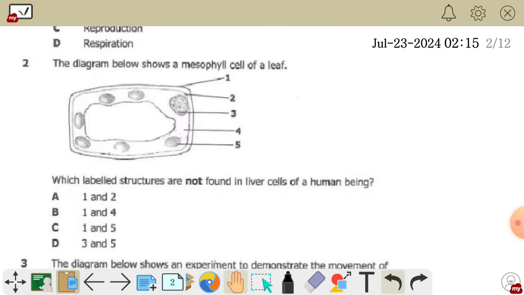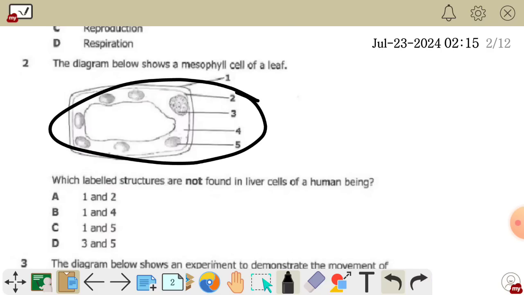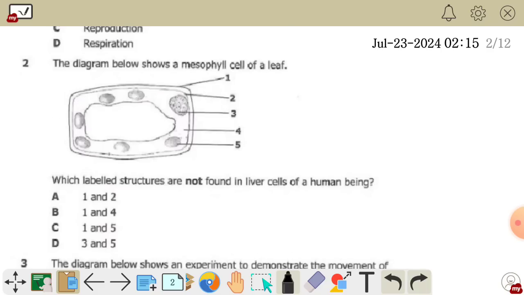Question 2. The diagram below shows a mesophyll cell of a leaf. Which labeled structures are not found in liver cells of a human being?